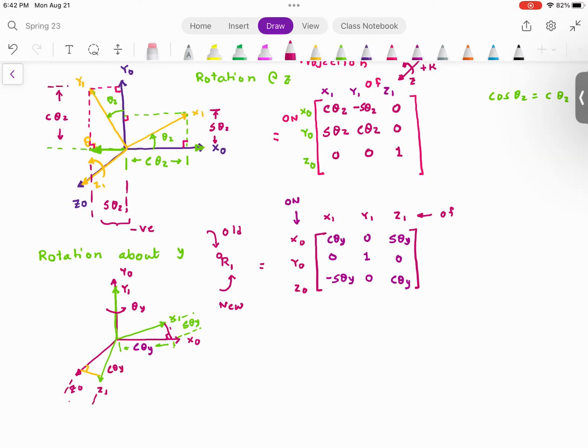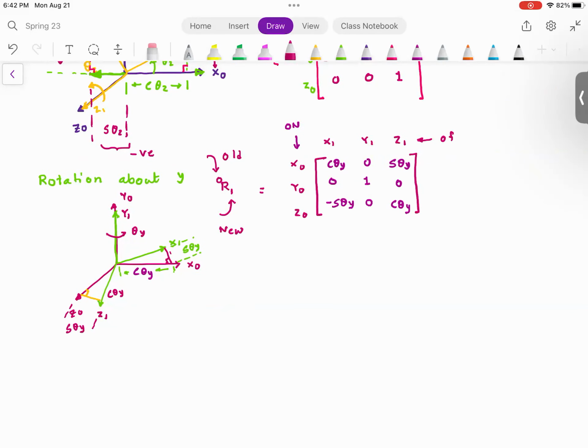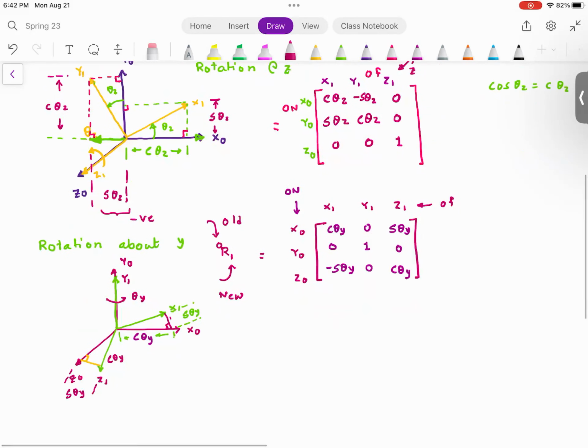This is going to be sine theta y. And for the sake of completion, I will do rotation about x, but understand, even though I'm explaining this, the only rotation matrix that you should remember by heart is that rotation matrix. These rotation matrices are just for reference.